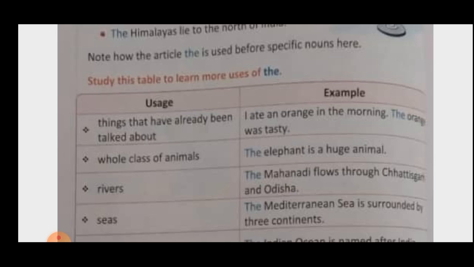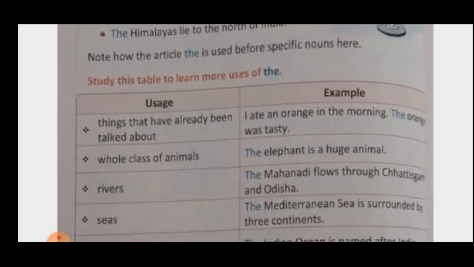So there we can use the as article. Next is rivers. For rivers we will use the. Just like the example here, the Mahanadi flows through Chhattisgarh and Orissa. Mahanadi is the name of river. Before the name we will use the.